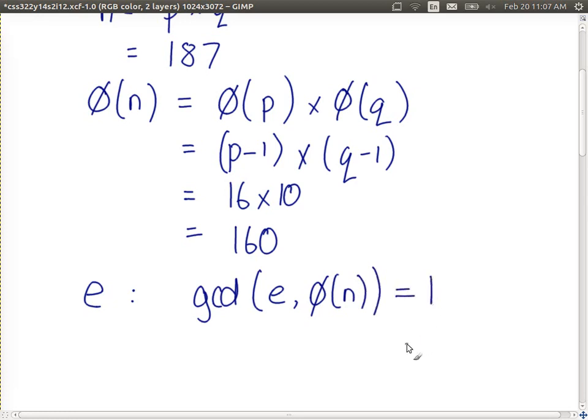So this step is choose some e such that it is relatively prime with the totient of n. What numbers are relatively prime with 160? There are many. The other condition, I'll note here, e should be greater than 1, maybe that's obvious, and less than the totient of n. So we get to choose an e here.